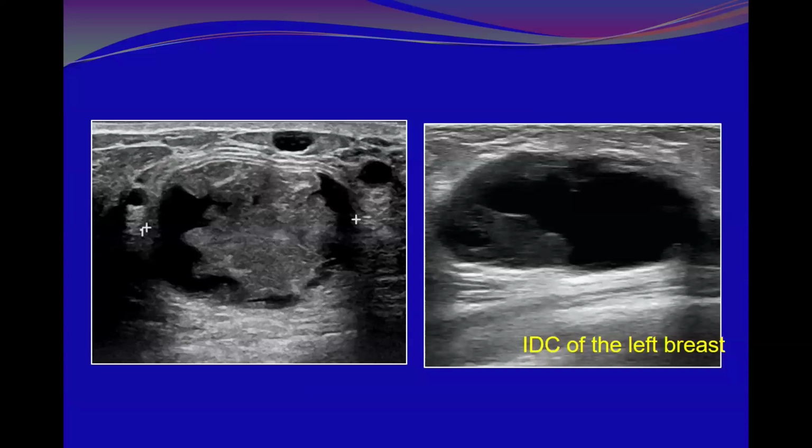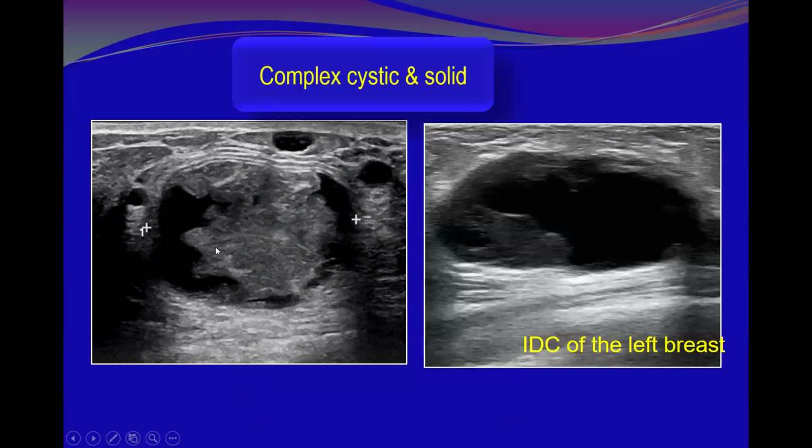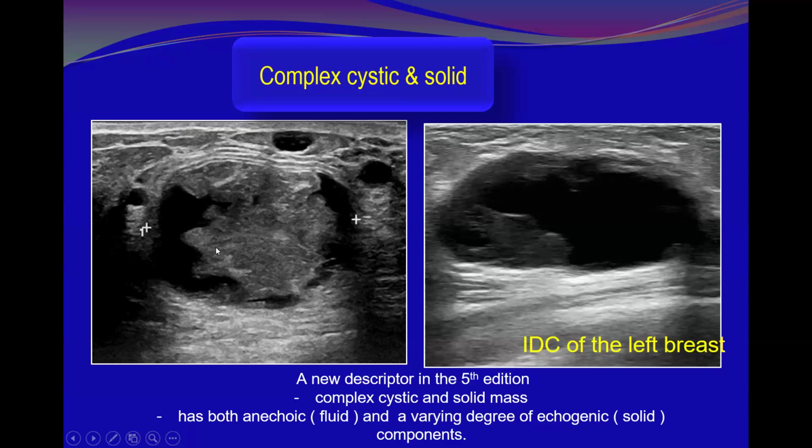Here, there is a cyst component, anechoic, but at the same time there is an echogenic component within the cyst. So this is the complex cystic and solid mass, a new descriptor in the 5th edition, not the 6th one.